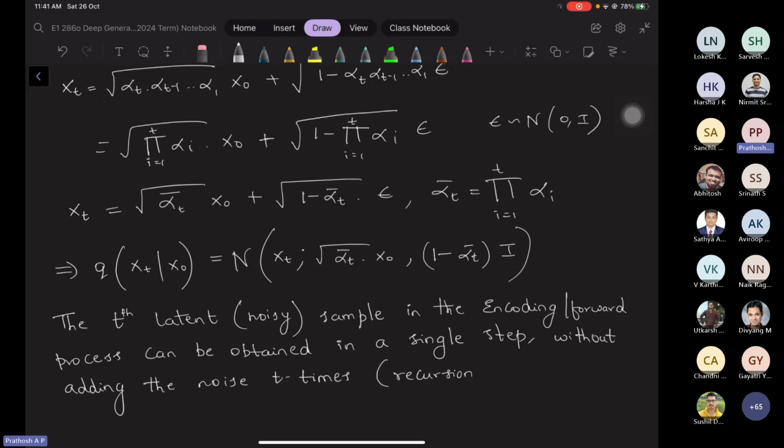We used the ELBO recursion and found out that the tth latent variable in the forward diffusion process can be obtained in one step starting from x naught, without having to hop the Markov chain for t steps. All right, this is okay. This is another consequence of having this first order Markov chain with recursion, right? We can do it that way.